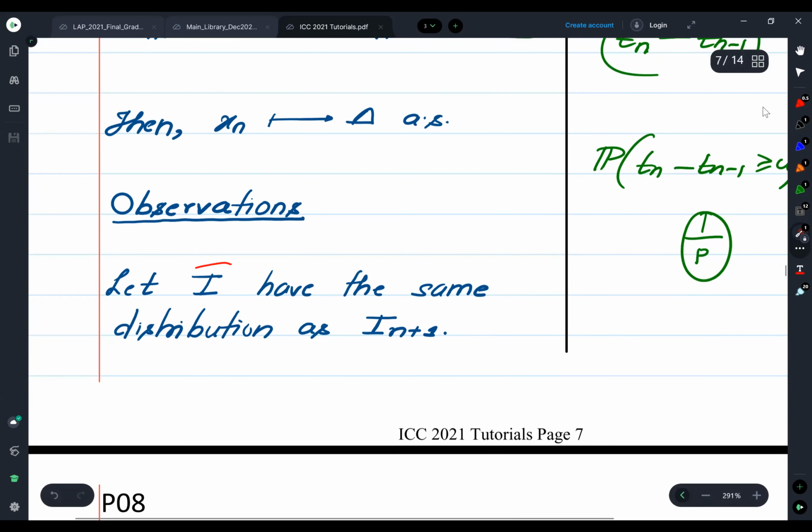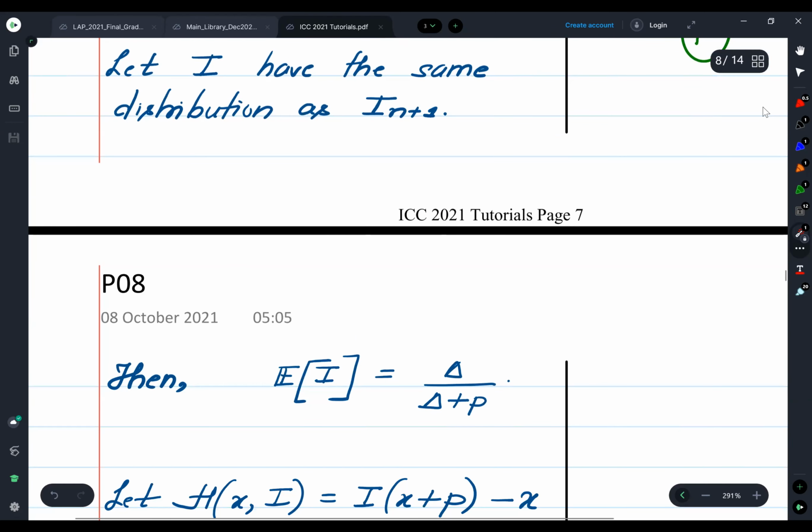This is some generic random variable. Then, if you use your knowledge of probability theory, with some effort you will be able to show that the expected value of this random variable is indeed given by delta over delta plus p. Of course, delta is unknown. Consequently, the expected value of I is not known.